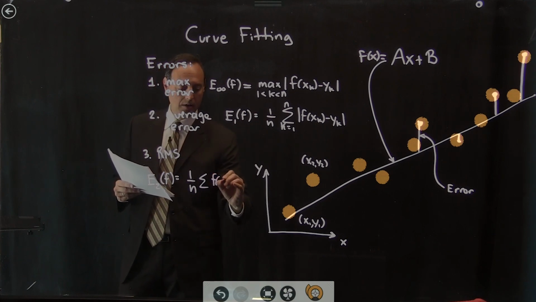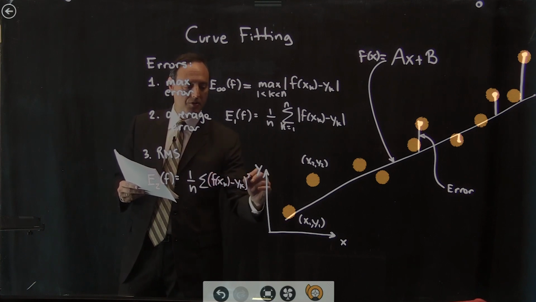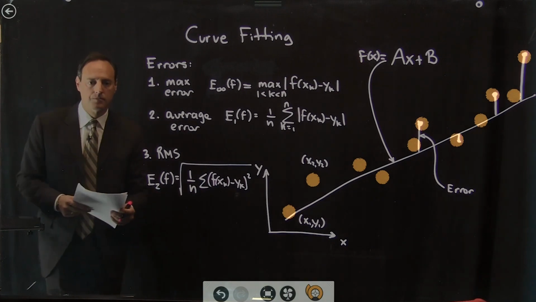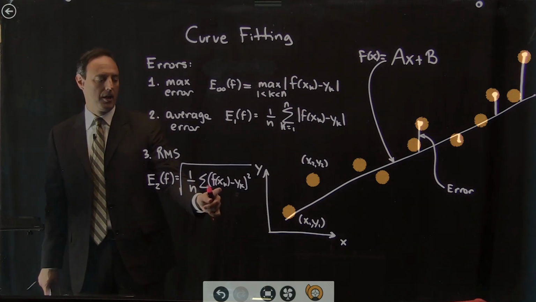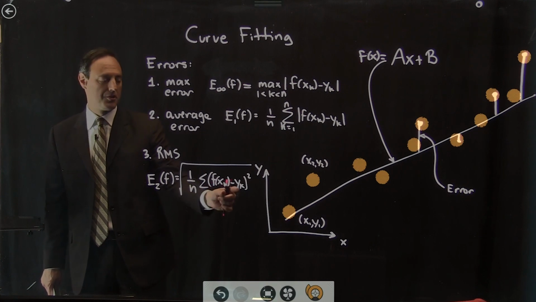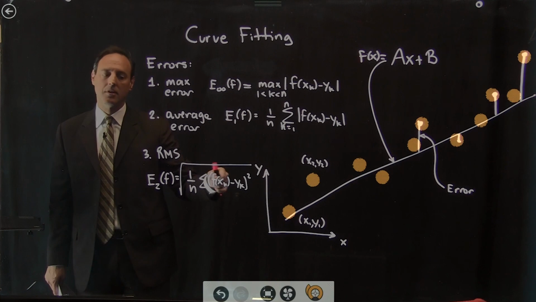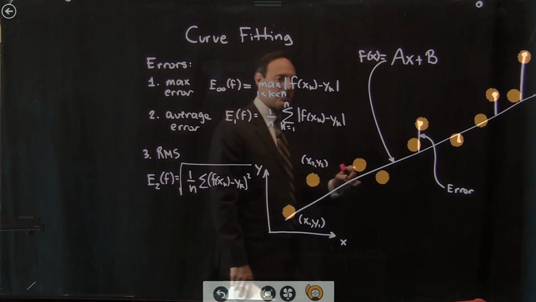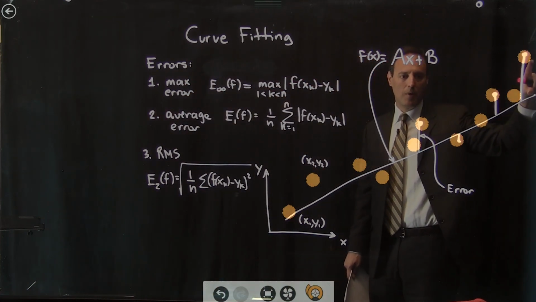I want to look at the square of the distance, and then take the square root. So this takes my approximation to the actual point, and I square that distance, add them all up, divide by n, and take the square root. Now this is interesting. I'm going to penalize heavily if you're far away from that line.